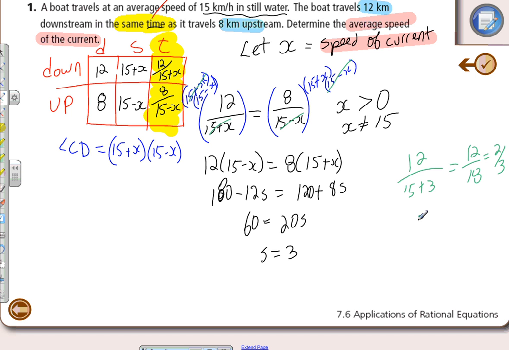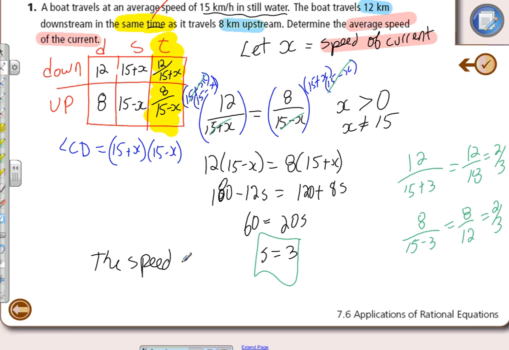And we've got 8 over 15 minus 3, so 8 over 12, which is also 2/3. So yeah, those are the same times. This is the right answer. Just box that in and give a written answer. The speed of the current is 3 kilometers per hour.